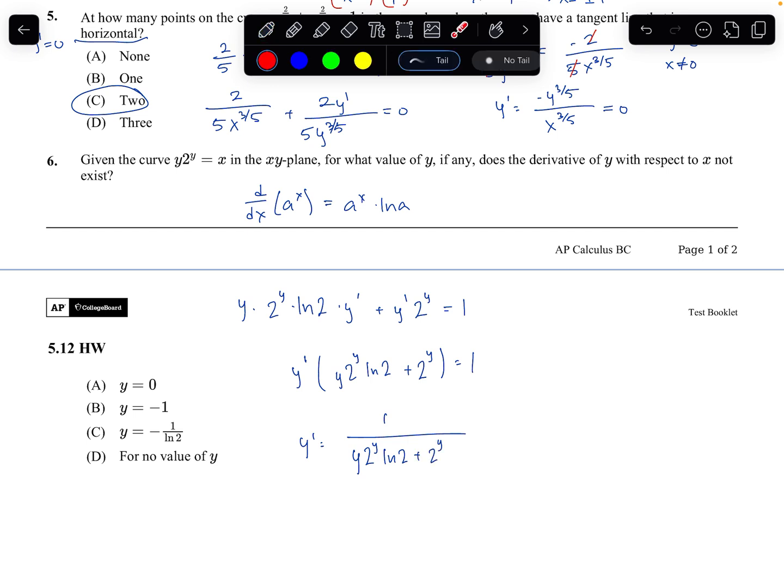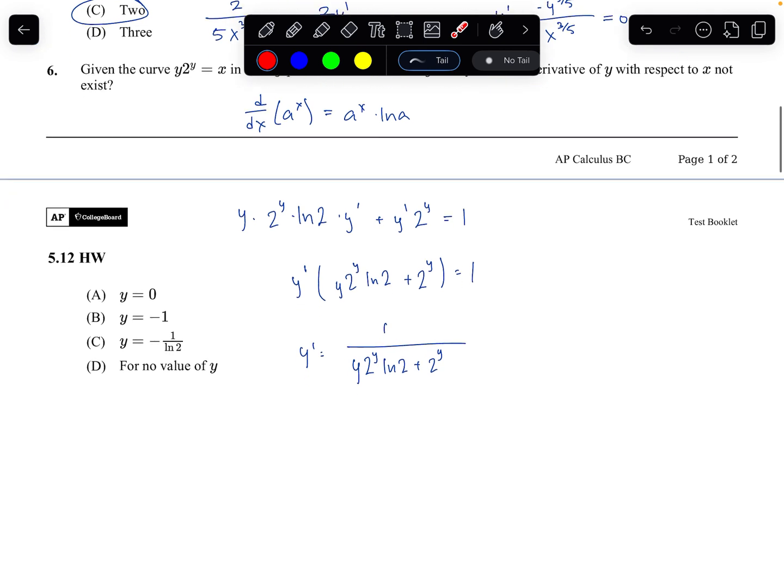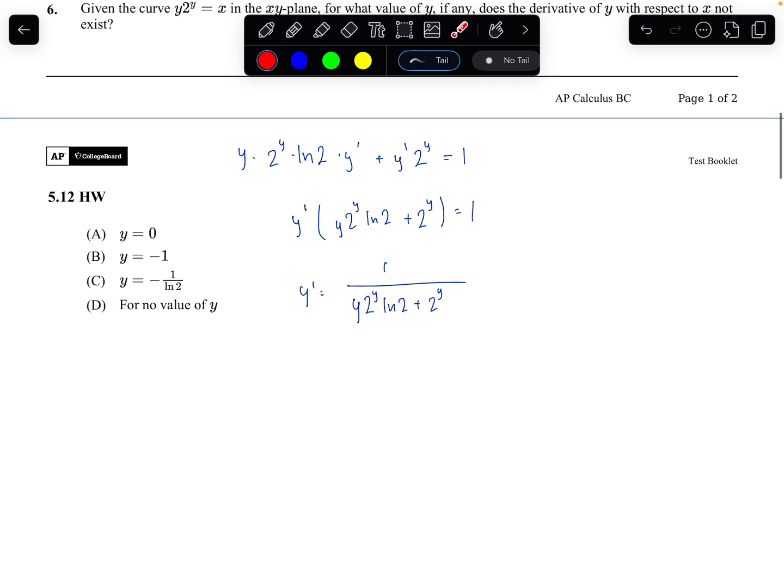So given this curve in the xy plane, for what value of y, if any, does the derivative of y with respect to x not exist? That's got to be when the denominator is equal to 0. So when the denominator is equal to 0, that's y 2 to the y, natural log of 2, plus 2 to the y, and that's equal to 0.